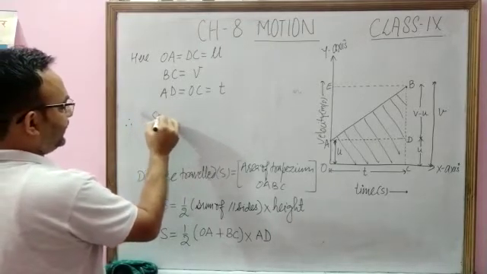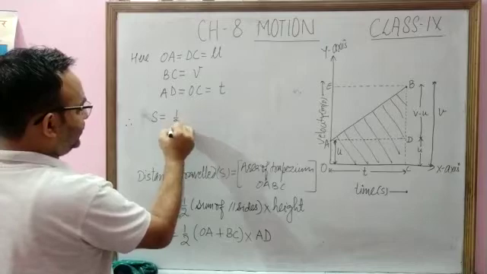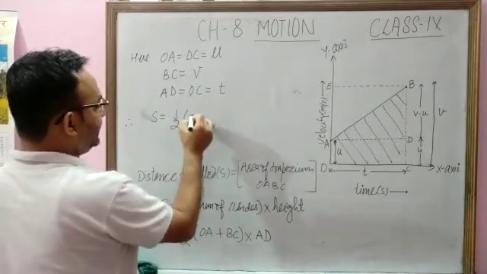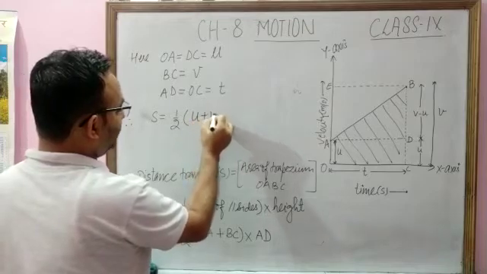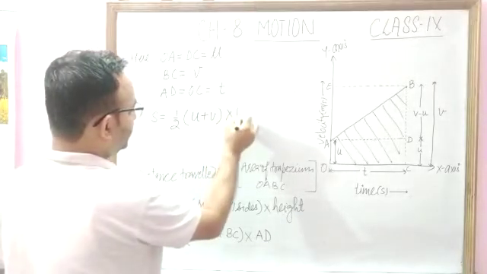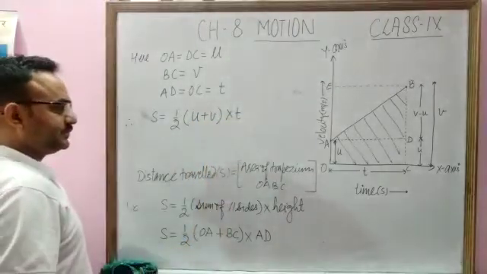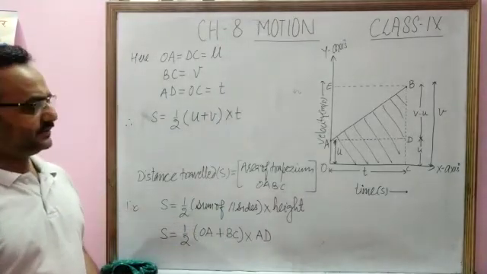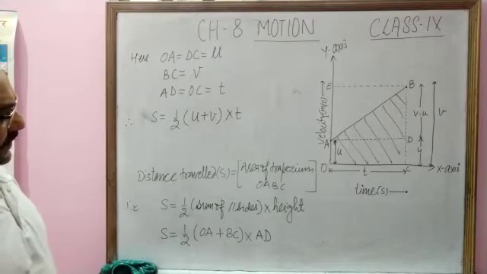Therefore, S is equal to 1 by 2 into (u plus v) into t. Is it clear? Okay.